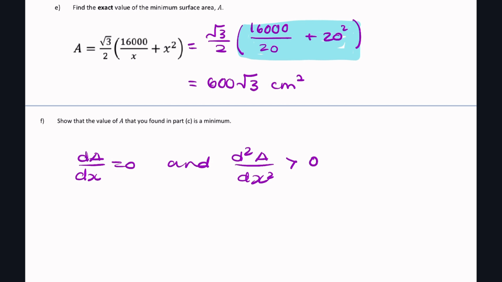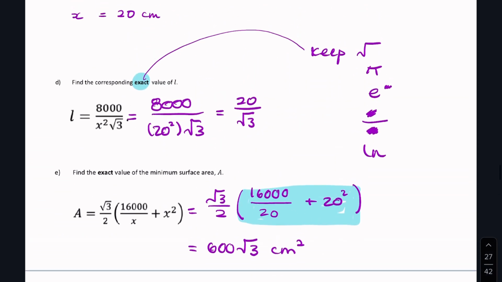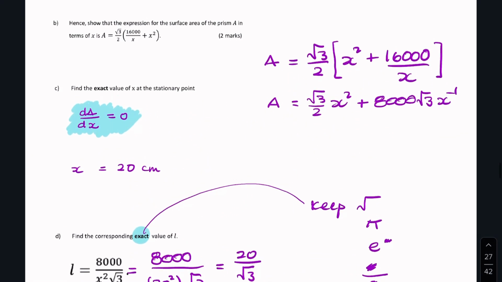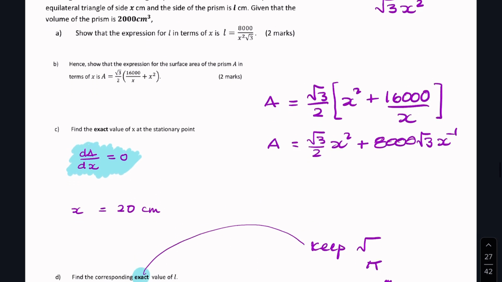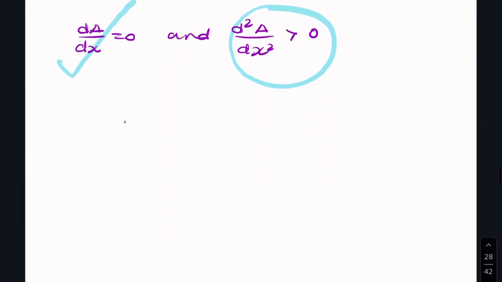So we've already done that. Now we need to do that. So we need to take the second derivative. So if we go back and find the derivative, maybe we need to do that again. So I'm going to copy that and let's differentiate again.